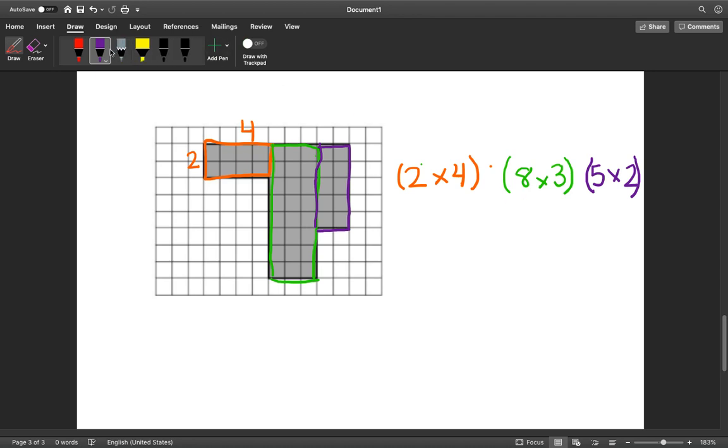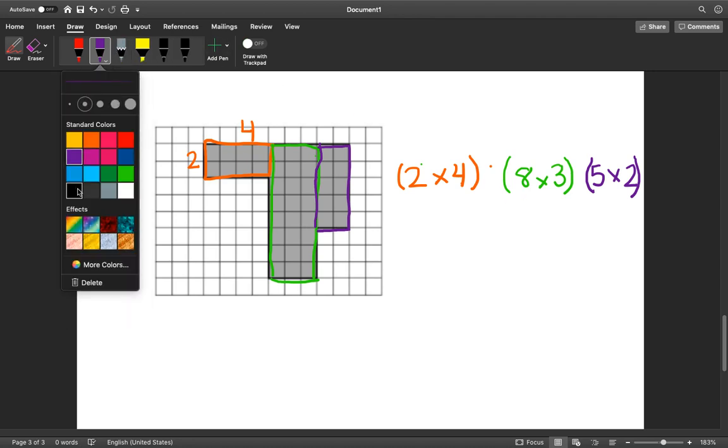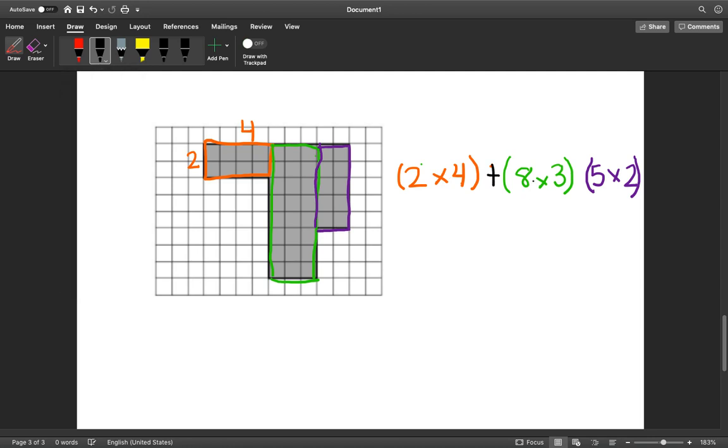So I'm going to now make my addition problem. 2 times 4 plus 8 times 3 plus 5 times 2 equals. So 2 times 4 equals 8. That's this area. 8 times 3 equals 24. That's the area of this shape. And 5 times 2 equals 10.